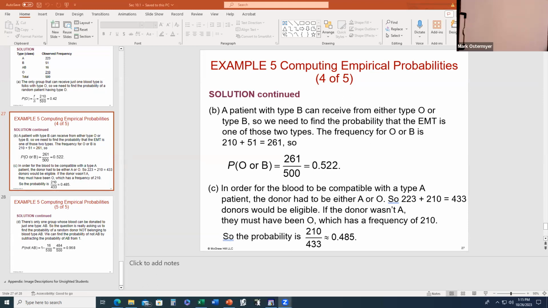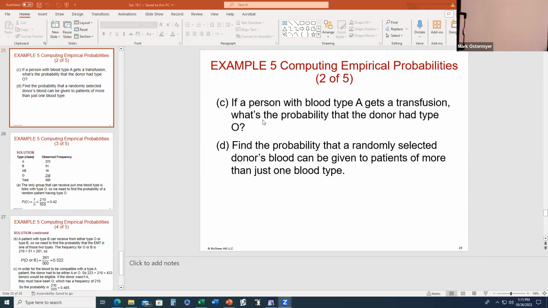Well, now wait a minute here. Let's read that again. If a person with blood type A gets a transfusion, what's the probability the donor had type O blood? Okay.